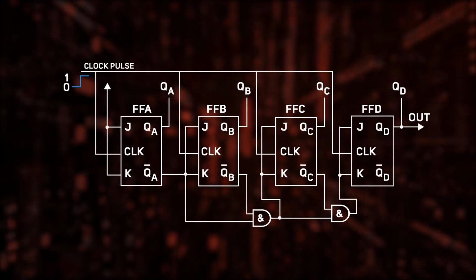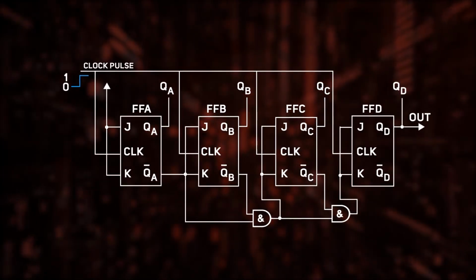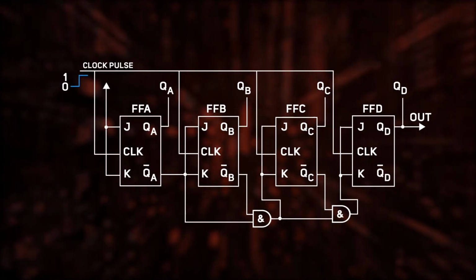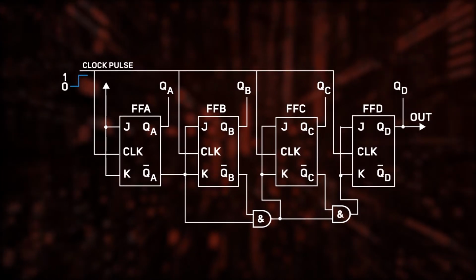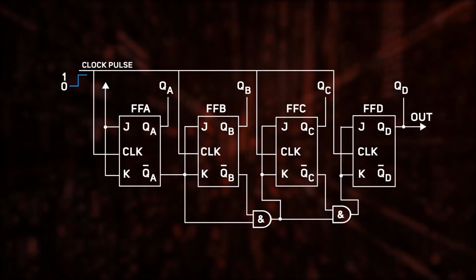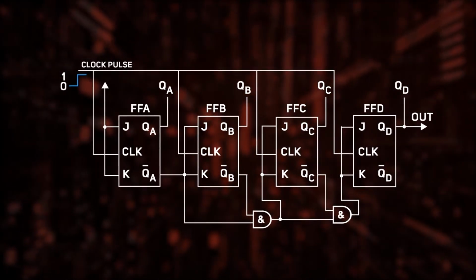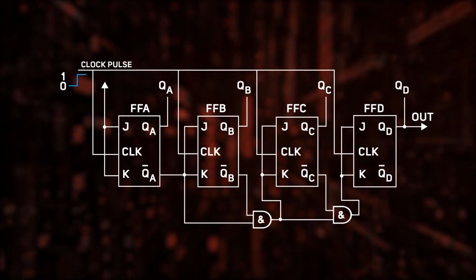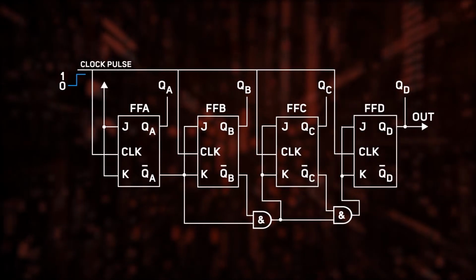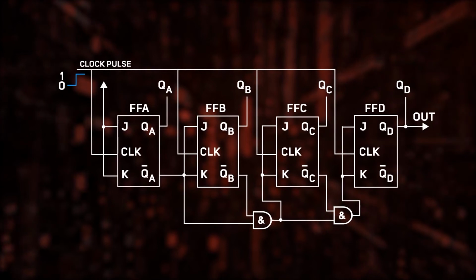The third flip-flop will receive the input from the AND gate that is taking inputs from the first and second flip-flop's complemented values. The complemented values are 1, so the JK flip-flop toggles the third LSB to 1. The last flip-flop takes the complement of the first 3 flip-flops, and in this case the 3 bits are 1, which produces a 1 at the J and K input of the flip-flop, which toggles its value.